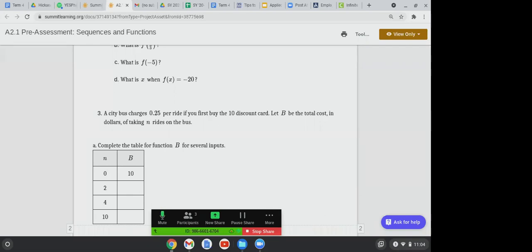And then they said 25 cents a ride. Exactly. Yes. And that's what number 3 was testing. Number 3 was testing, can you break down a word problem and then apply it in filling out the table.